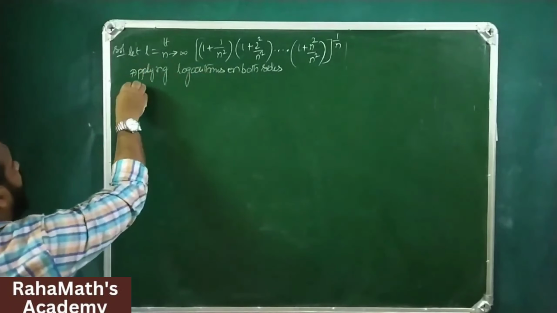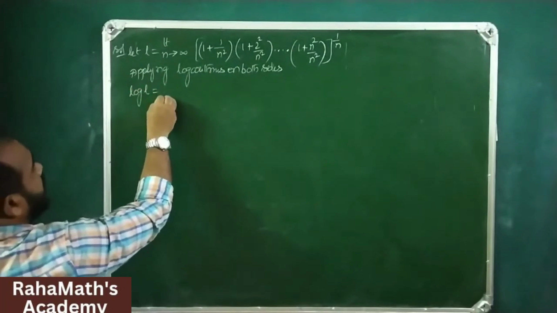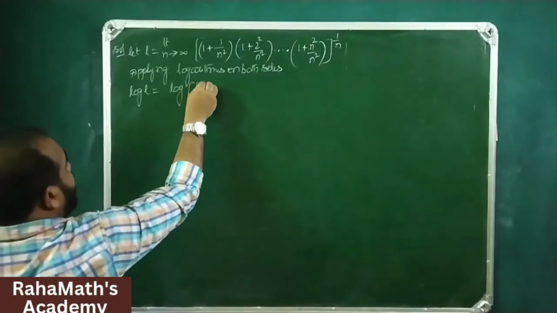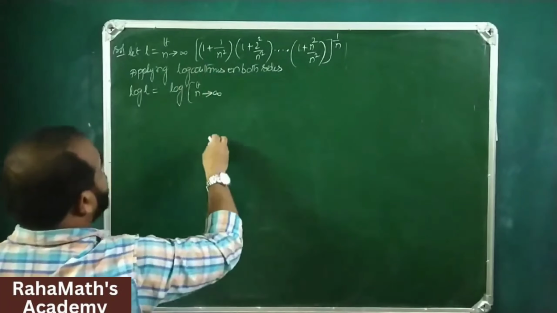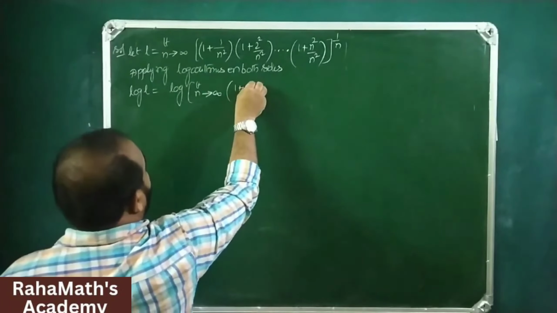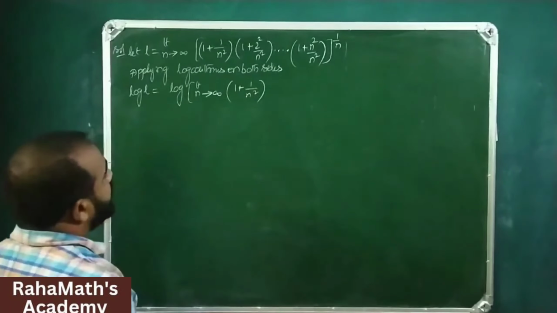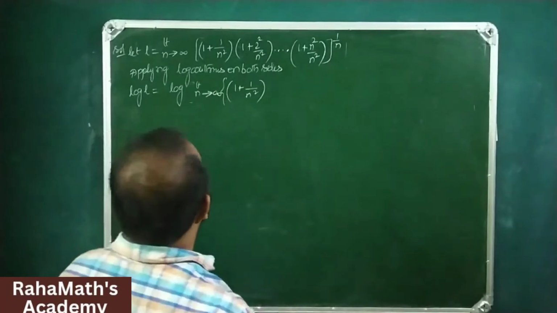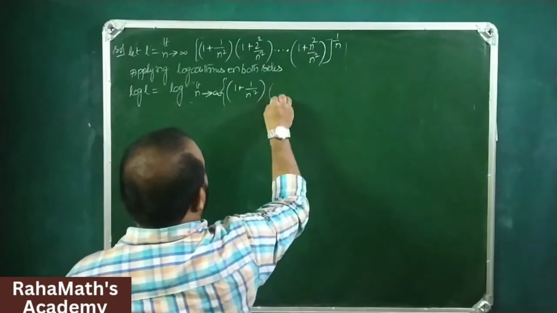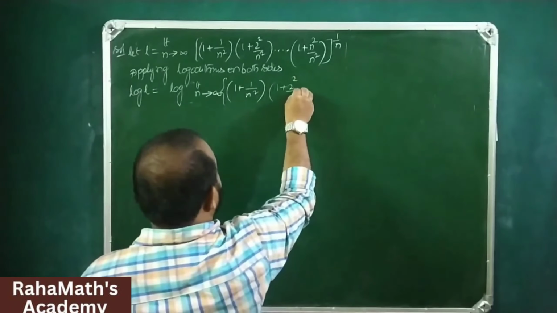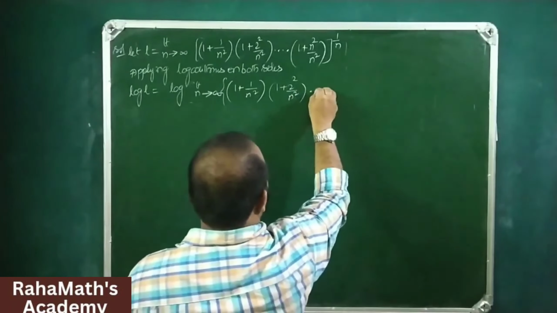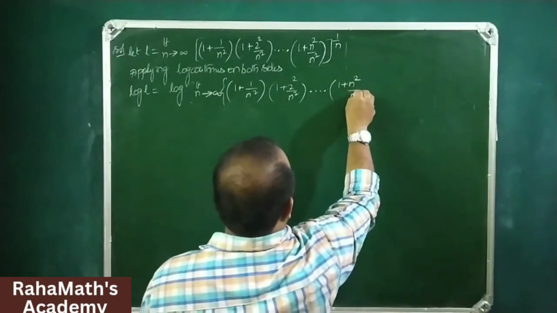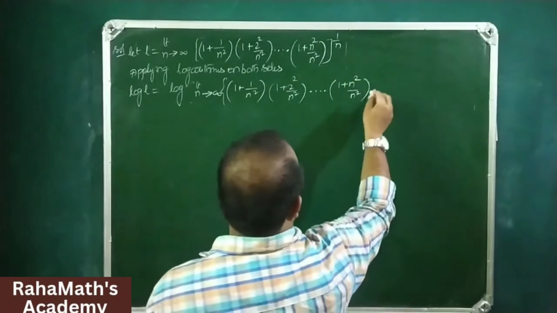Then log L is equal to log of limit n tends to infinity of (1 + 1/n²)(1 + 2²/n²) ... (1 + n²/n²) whole power 1/n.